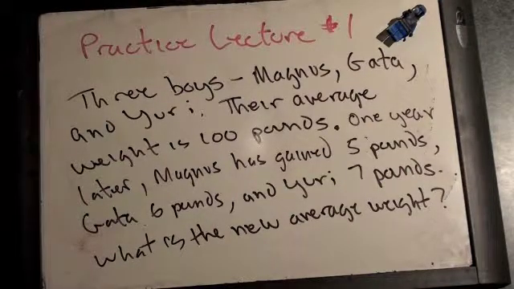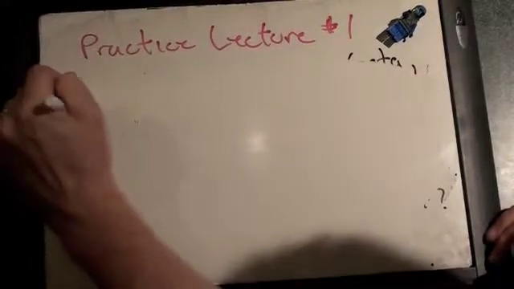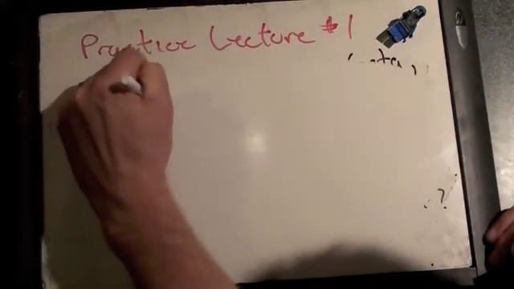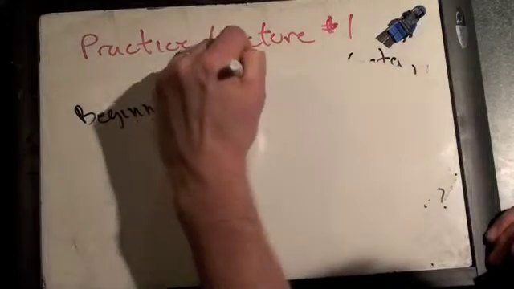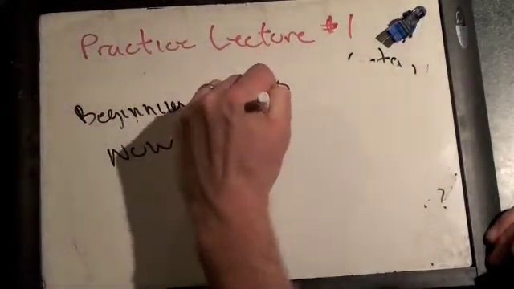So how much do they weigh now that Magnus has gained 5 pounds, Gata 6, and Yuri 7? 318. Okay. So in the beginning they weighed 300 pounds, now 318.